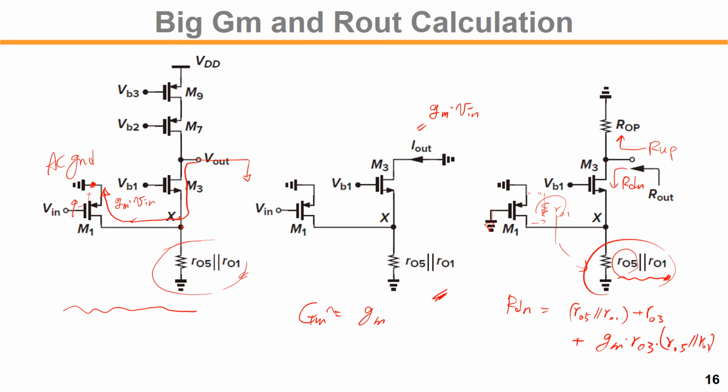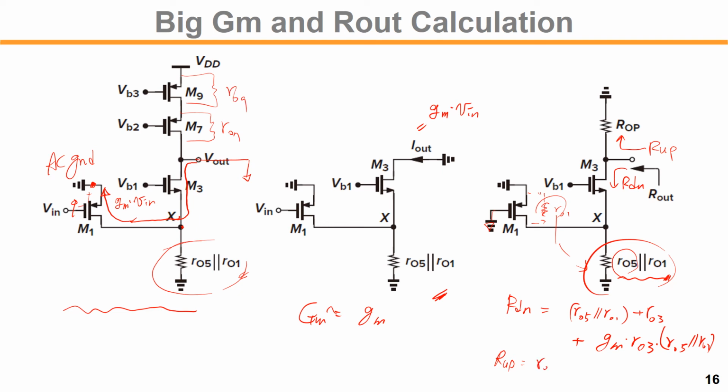This is what you would get for the R down. For the R up, what is it? So we had the M9 and M7, RO7 and RO9.